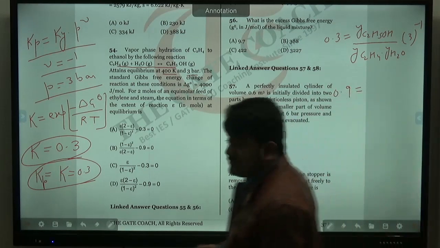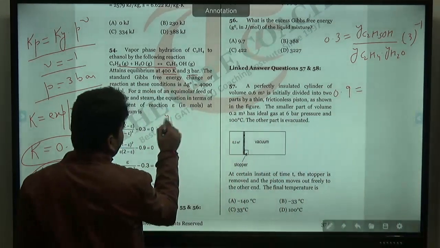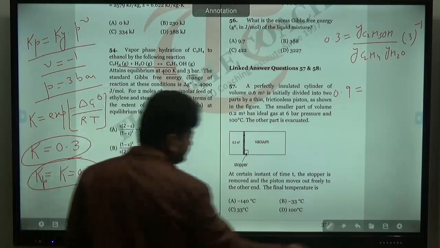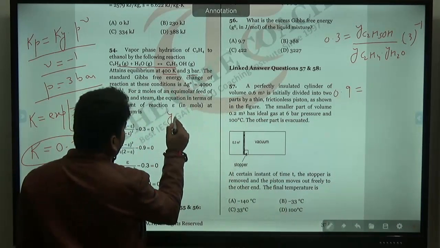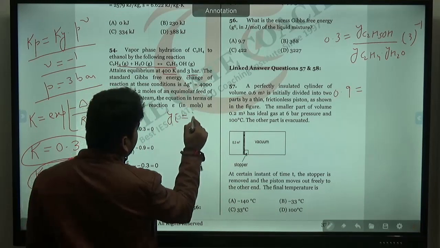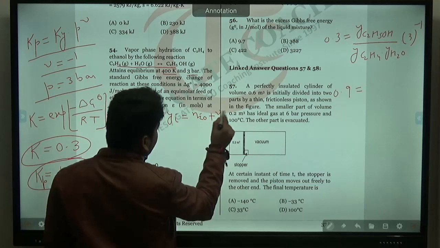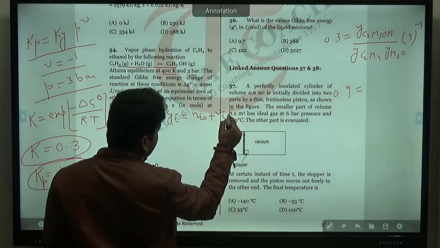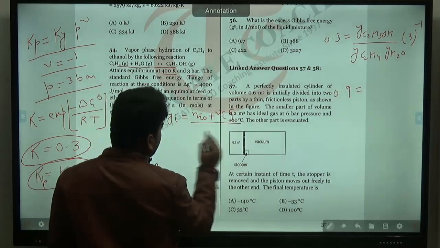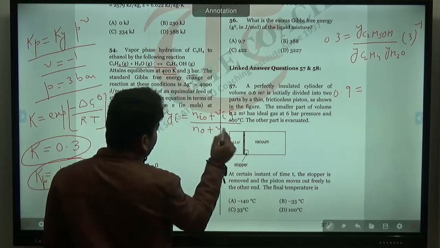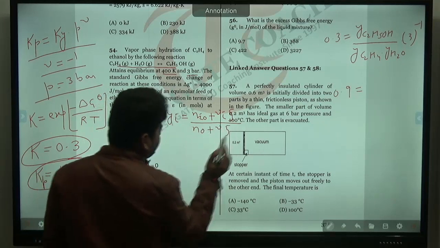So what is Y of C2H5OH, and all these values? We know that Yi is equal to (Ni naught plus nu i into zeta) divided by (n naught plus nu into zeta).